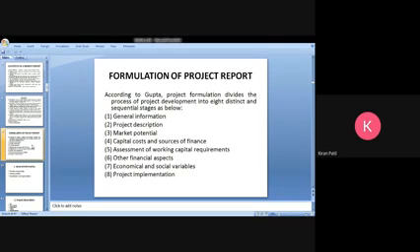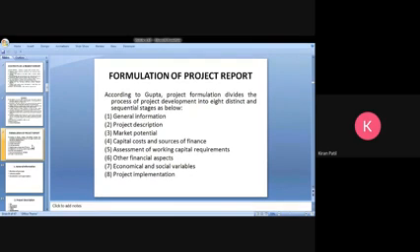Product utility means how can this product be used? Because some of the products are multi-usage products. They have more than one use. So how could this product be used in multiple ways, or even in a single way, whatever it is.